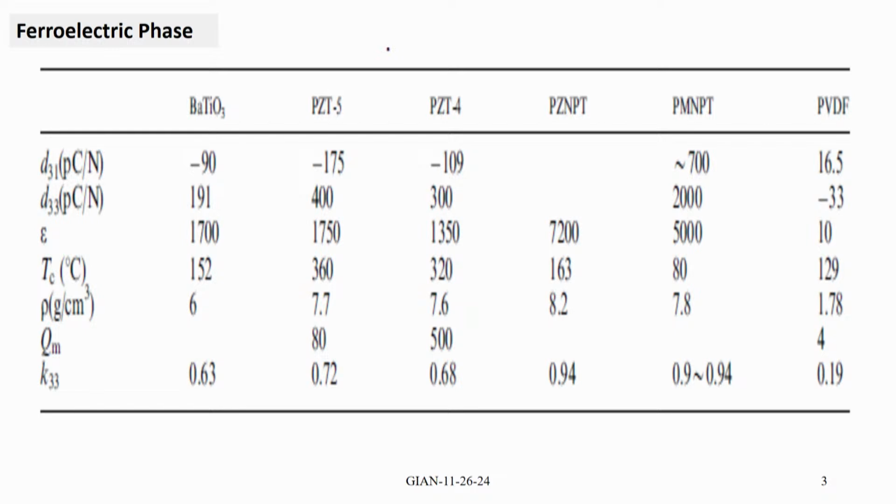As you see here, barium titanate has d33 of close to 200, PZT has a much higher value, and in PZT they substitute many materials to make what are called soft PZT and hard PZT. Soft PZT has low dielectric constant and high d33. The hard ones have lower d33, but much higher dielectric constant.